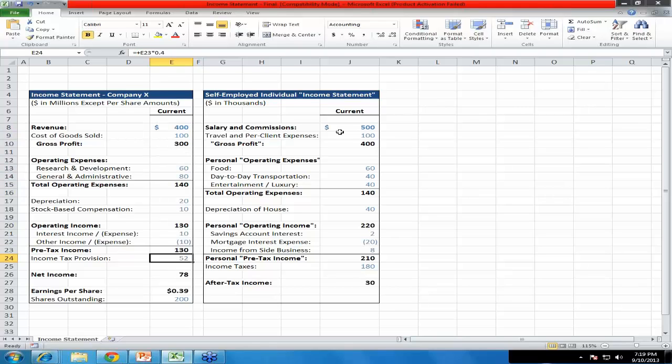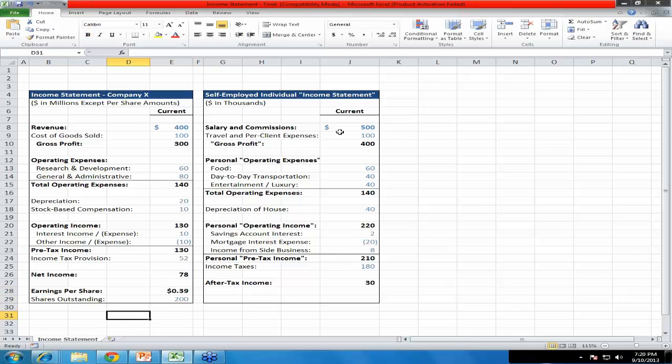Now, let's say my pizza shop had a total of 200 shares outstanding. Let's say I, as the owner, owned 150 shares, and the manager was compensated with 50 shares over time. So in total, the earnings per share is 39 cents, and the way, of course, I got that is by dividing the net income by the number of shares outstanding.